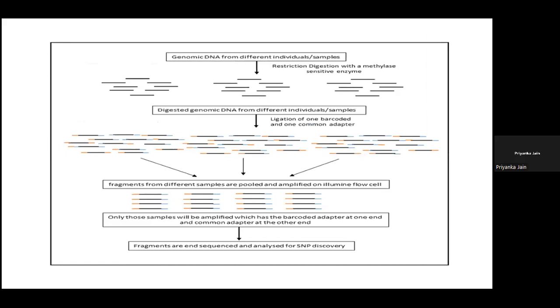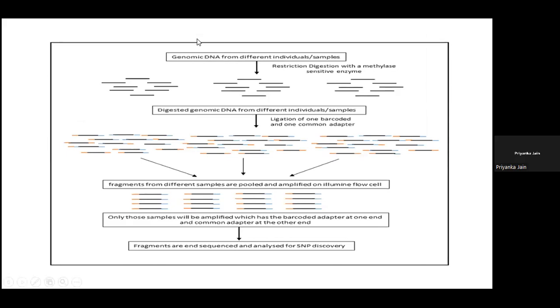It is a restriction enzyme based method like earlier, but here the genomic DNA undergoes restriction digestion with a methylase sensitive enzyme. Earlier it was not a specific methylase sensitive enzyme, but here it is a methylase sensitive enzyme with which the DNA is digested.